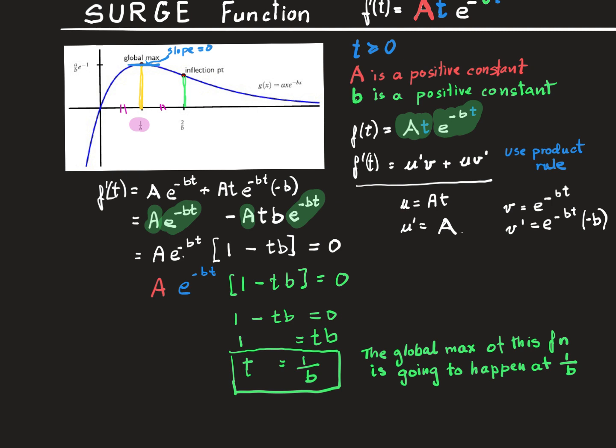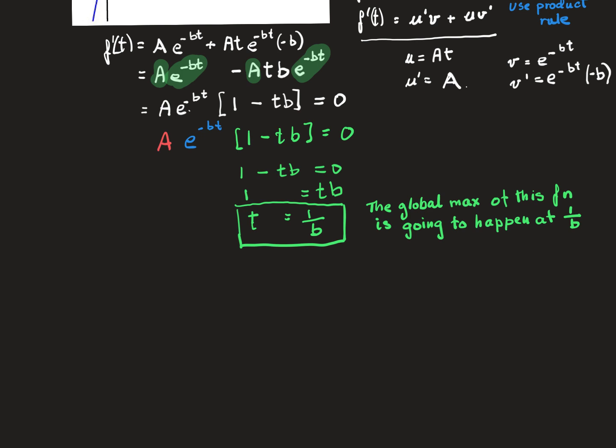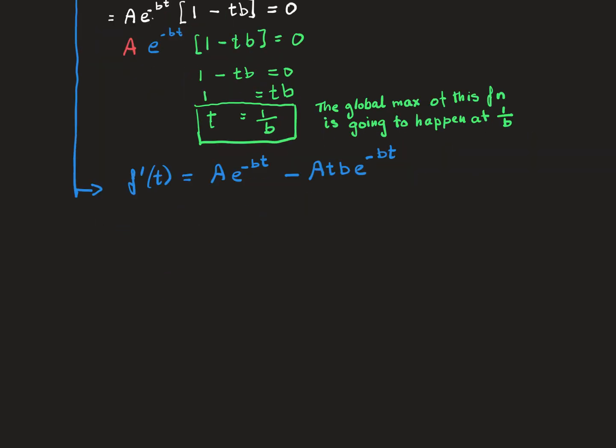And the point of inflection will happen when the second derivative function of this is equal to 0. To look for the second derivative, I'm going to use the first derivative function and write it down here, f dash t. So the first part is easy enough to derive, but the second part here is once again made up of two sections.